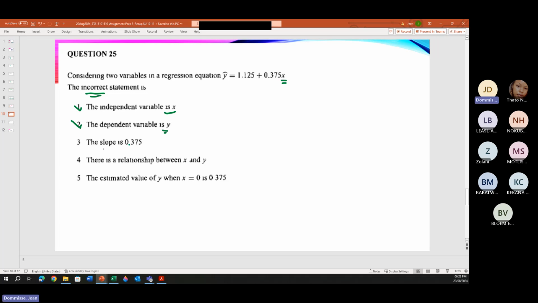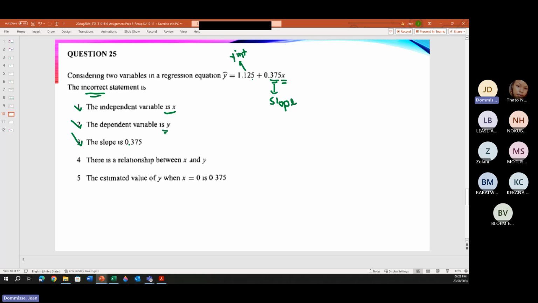Slope is 0.375. So we look at that formula. That is our slope. That will be our y-intercept. So slope is 0.375, correct. There is a relationship between x and y.